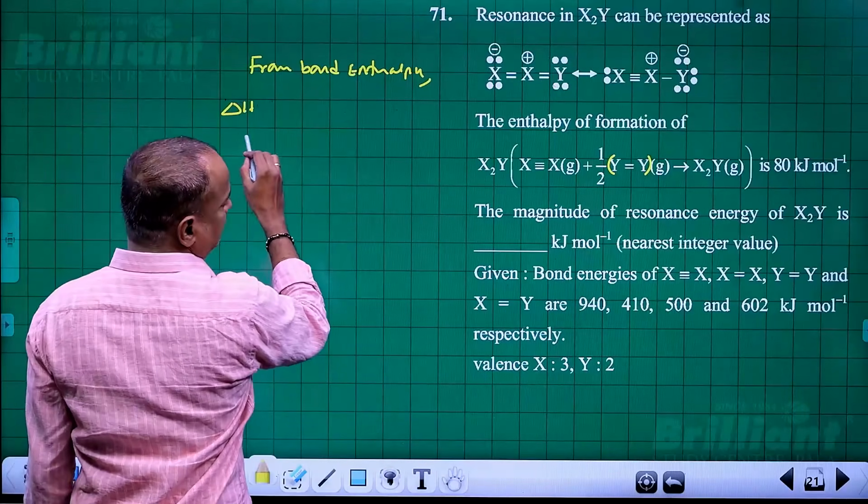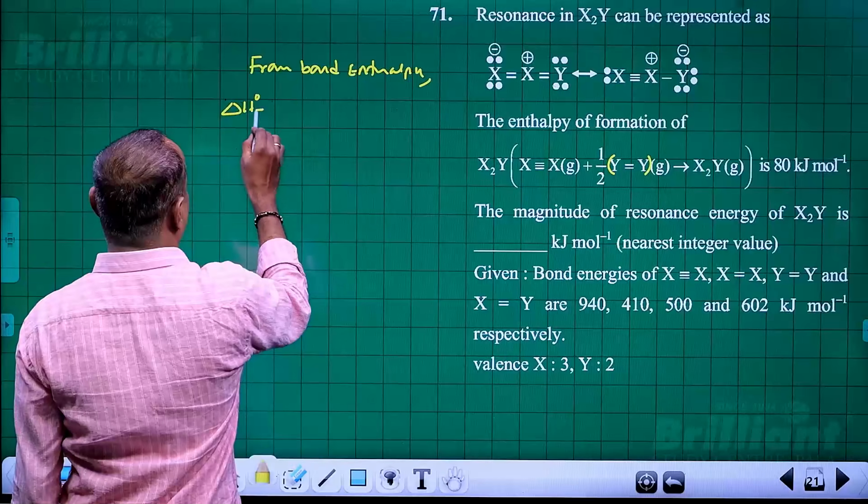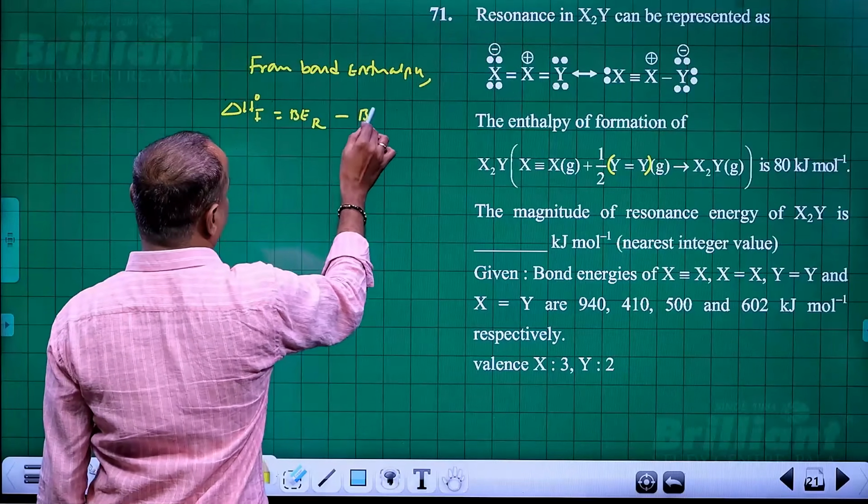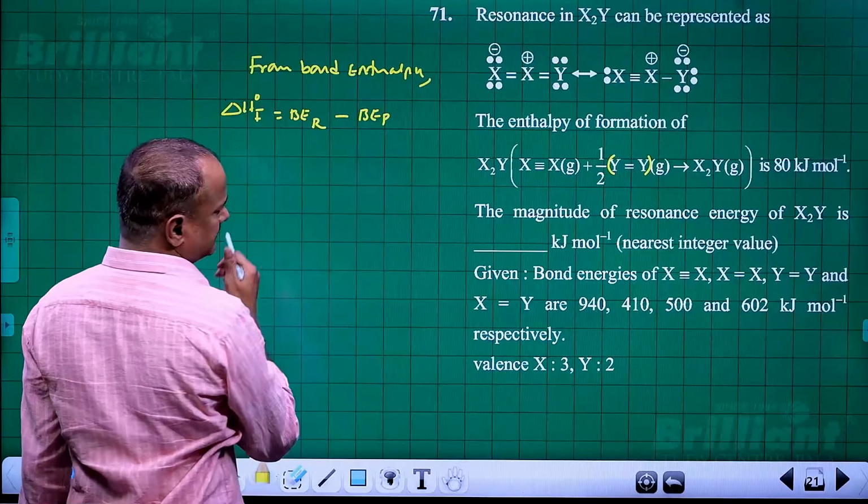Delta H naught f equals bond enthalpy of reactants minus bond enthalpy of products.